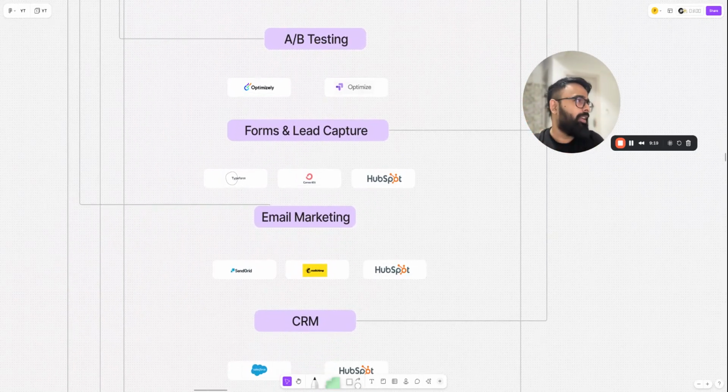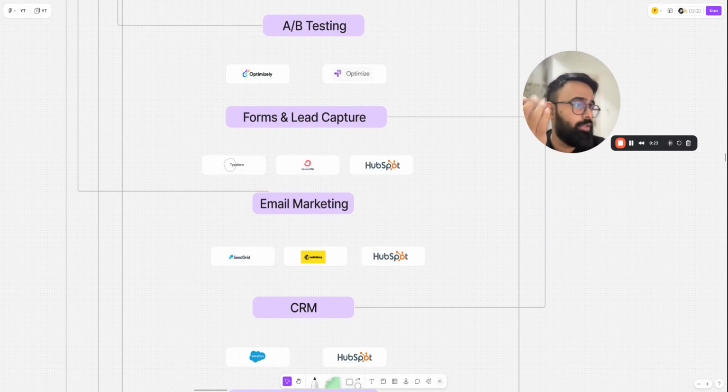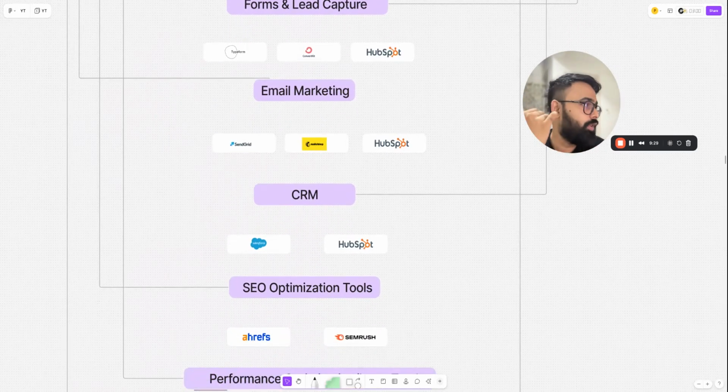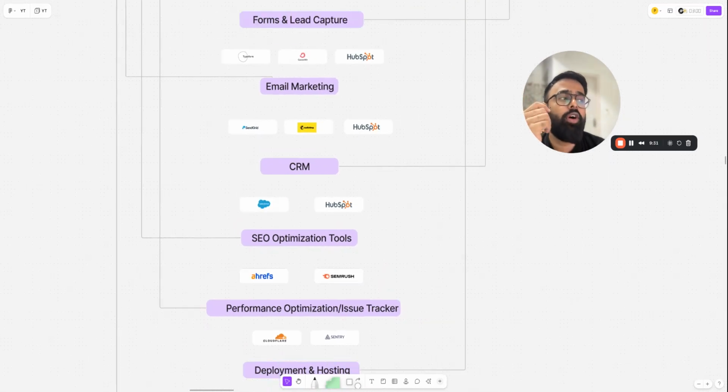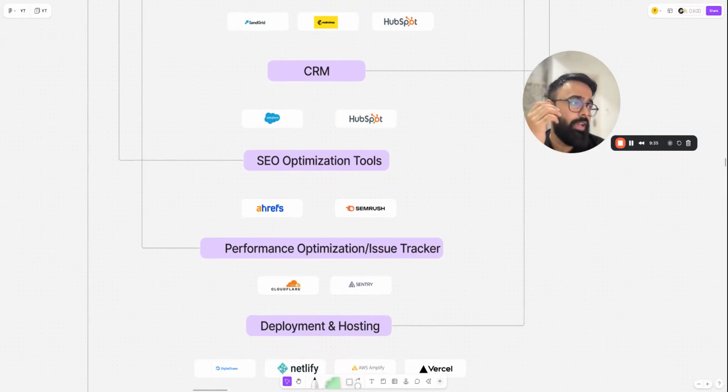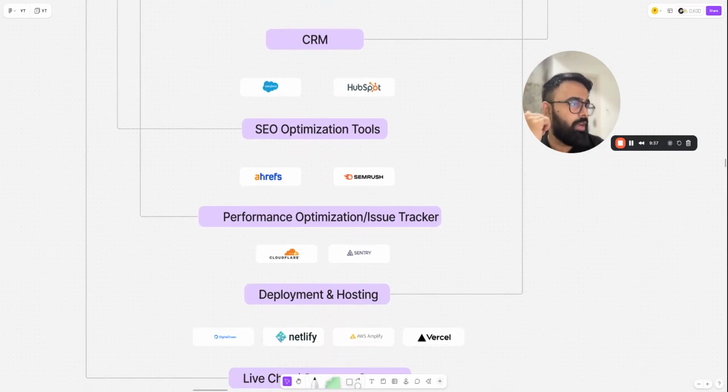We're looking at a composable architecture here at the end of the day. For email marketing, you could use SendGrid, Mailchimp. We have used many, HubSpot. For CRMs, you could be using Salesforce or HubSpot. For SEO optimization, tools like SEMrush or Ahrefs, all of those you can use. For performance, you could use Cloudflare, you could use Sentry.